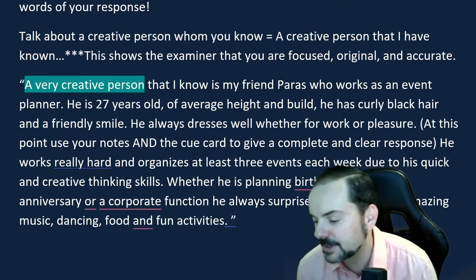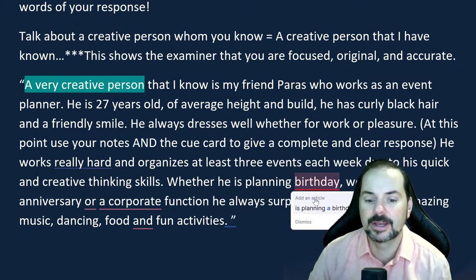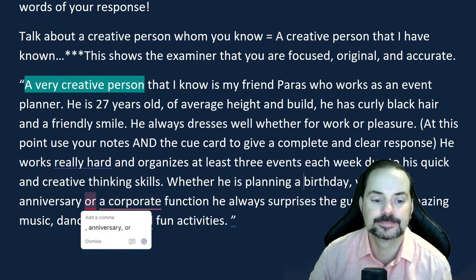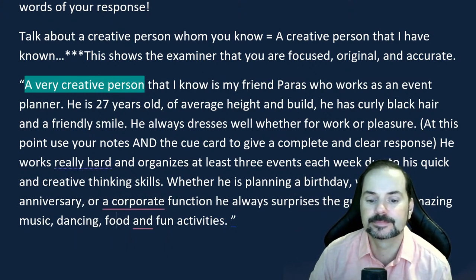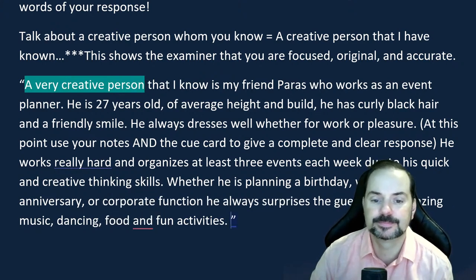Okay, so something like that. Notice this use of whether or. Okay, the correlative conjunction. Right?